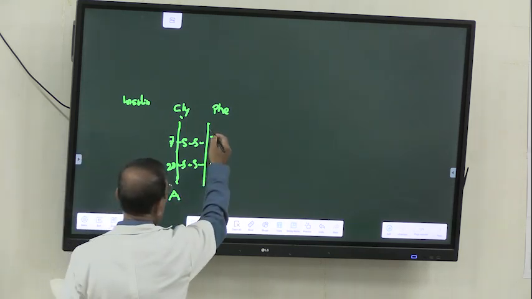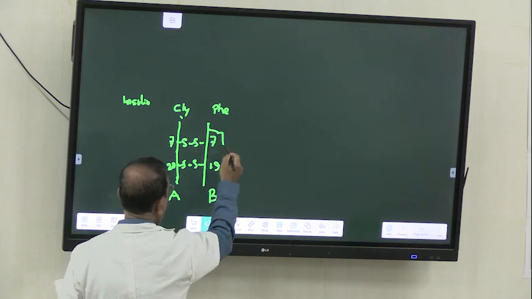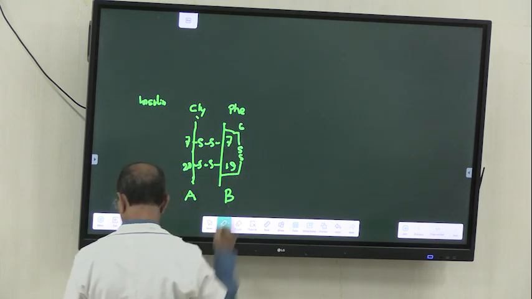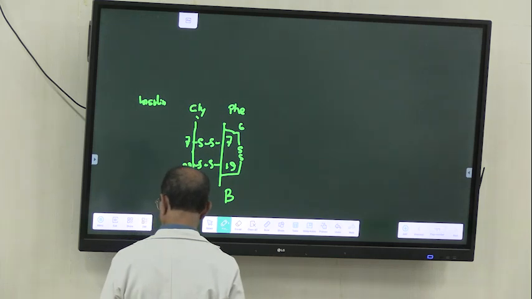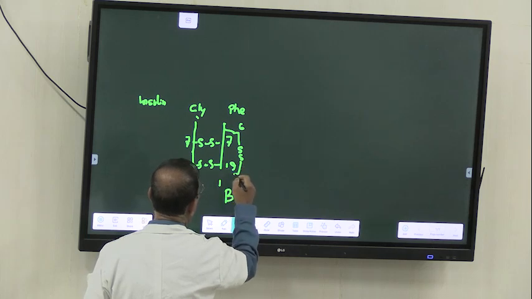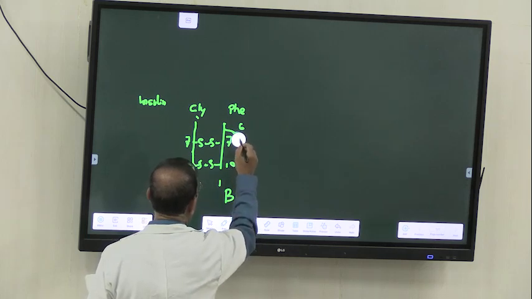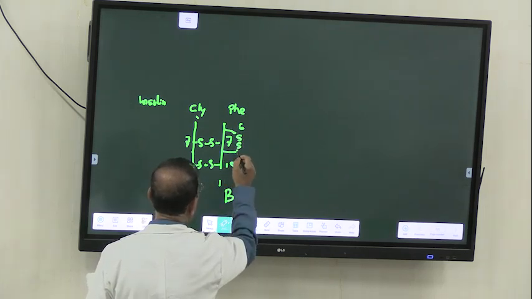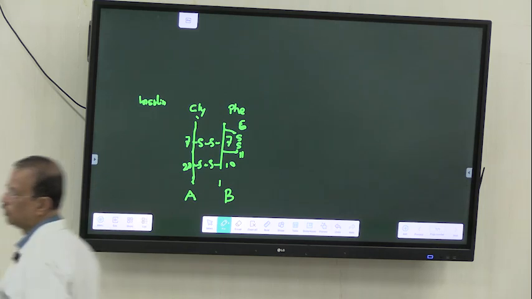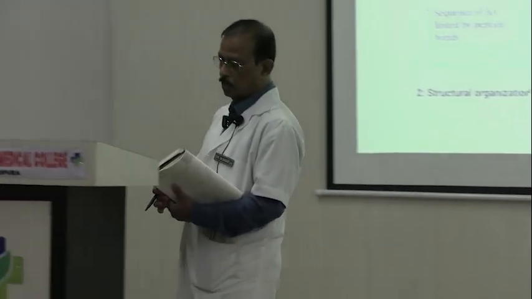Again, there is a disulfide bond between amino acids 6 and 11 of the A chain. So these disulfide bonds and peptide bonds stabilize the protein in the primary structure.